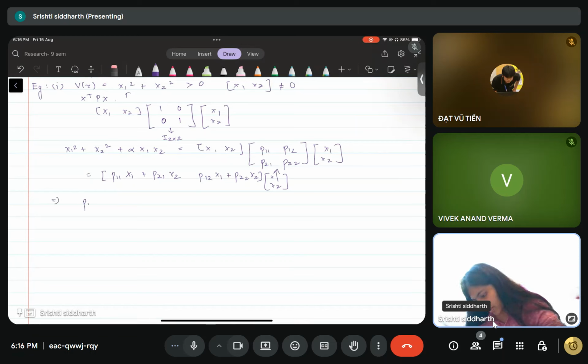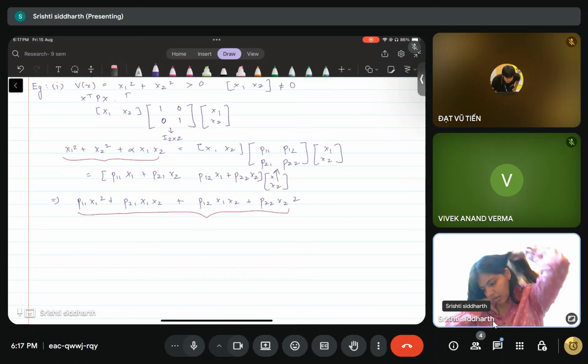This is p11 x1 squared plus p21 x1 x2 plus p12 x1 x2 plus p22 x2 squared. And now you just have to compare this and this.